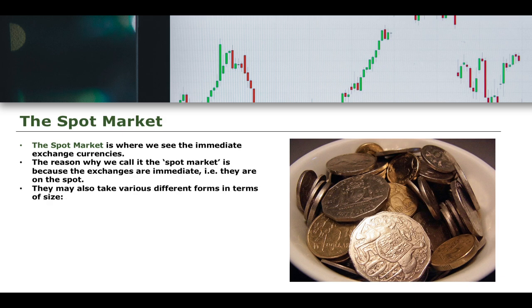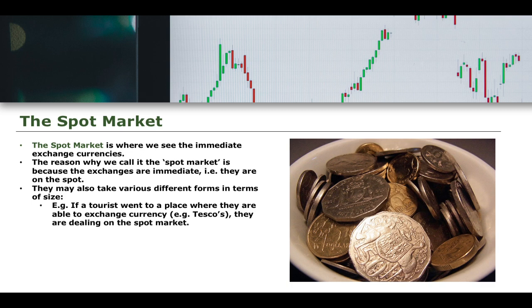They also take a variety of different forms and sizes. So there are the smaller spot markets. So for example, if a tourist went to a place where they were able to make an exchange of currency, they are dealing on the spot market. So in the UK, for example, you go to Tesco's.